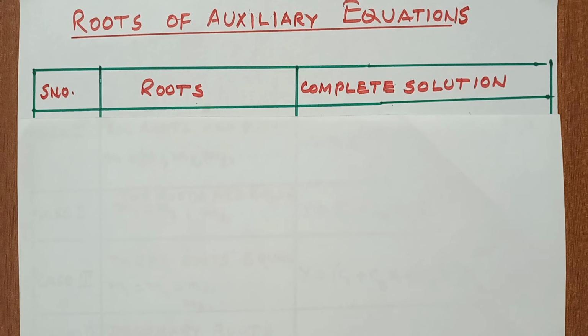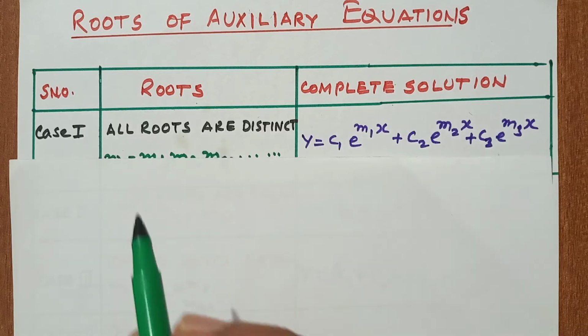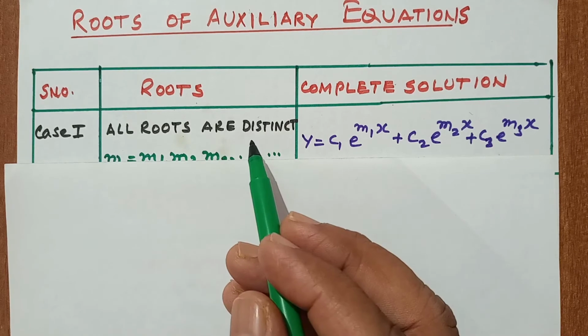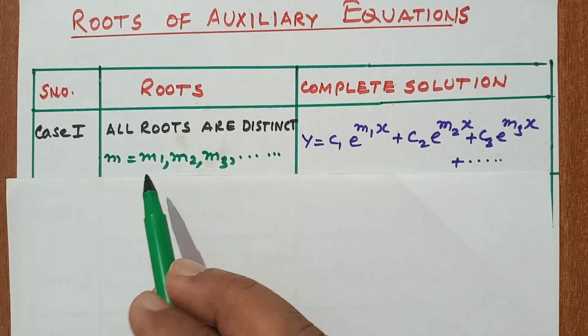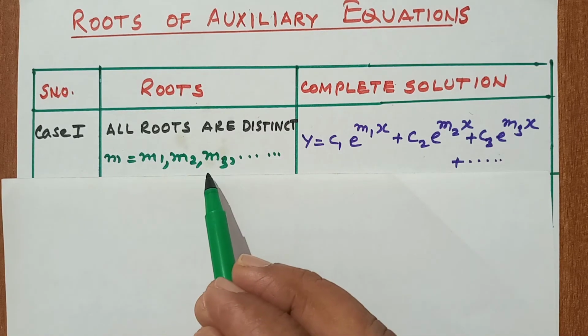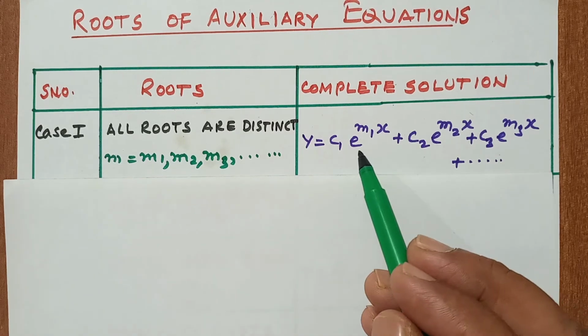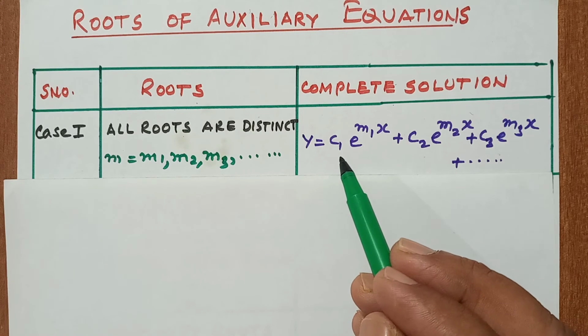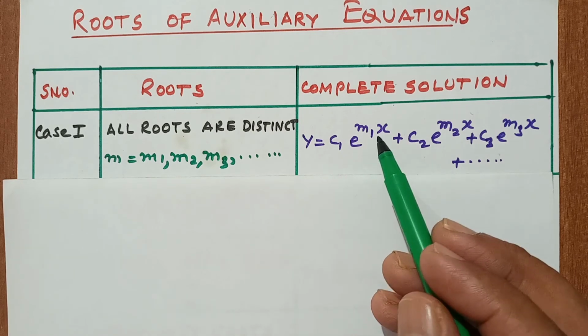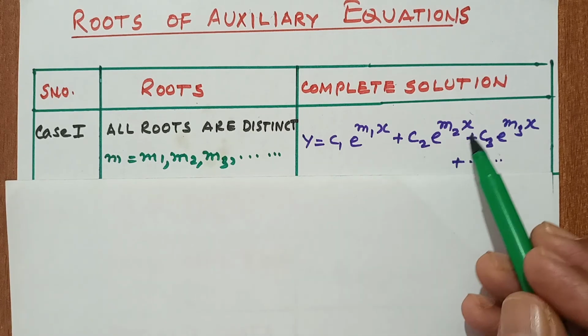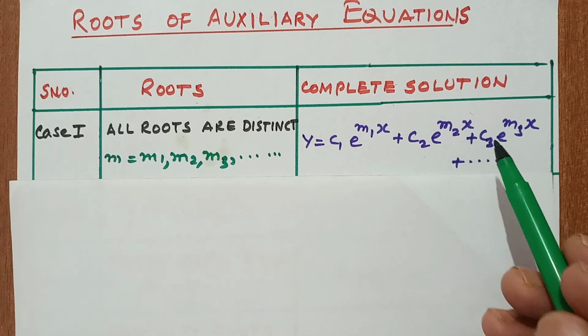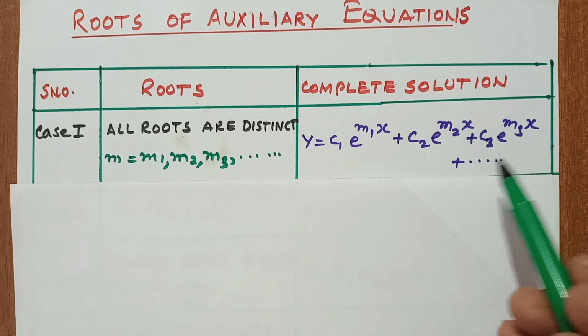Now I want to explain the solution for the roots of the auxiliary equation. First is when all roots are distinct, that is, if the roots are m1, m2, m3. In this case our solution is y equal to c1 e to the power m1x plus c2 e to the power m2x plus c3 e to the power m3x and so on.